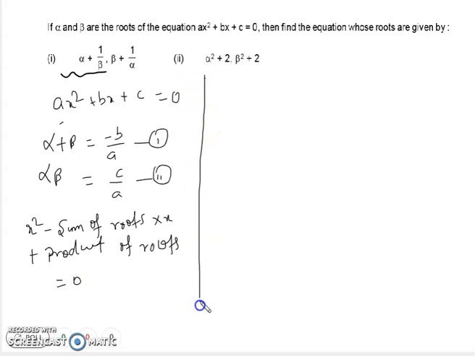And this is the third equation, and we have to find out the equation of the roots alpha plus 1 by beta and beta plus 1 by alpha, right?